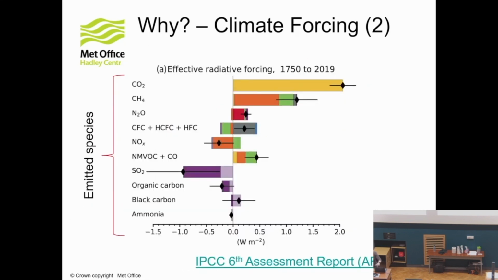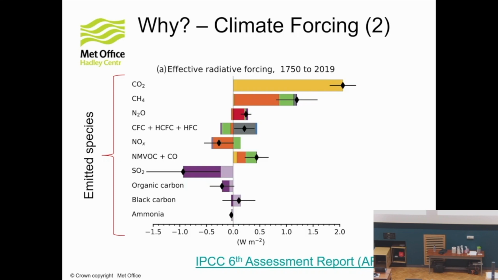So that particular figure was showing the evolution of ozone changes over the historical period. This bar chart here has been taken from the IPCC 6th Assessment Report published last year. And here on the left, it's showing how the changes in different emitted species over the historical period have influenced that Earth's radiation balance.